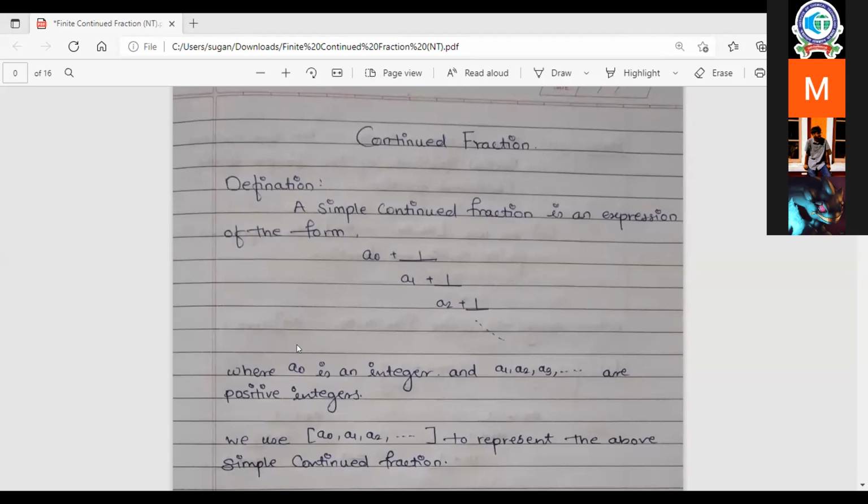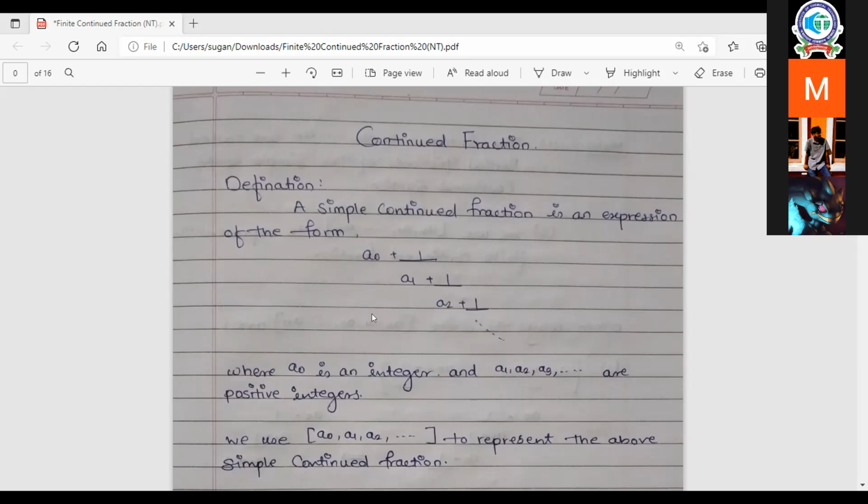So we are going to talk about finite continued fractions. Before that, we see what a simple continued fraction is. It is an expression of the form a0 plus 1 upon a1 plus 1 upon a2 plus 1, and so on, where a0 is an integer, positive, negative or zero, and a1, a2 and so on are positive integers.